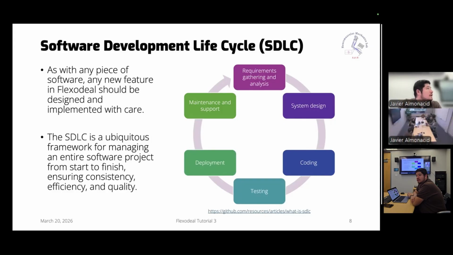And one way to do things in a structured way is to think about this new feature as part of a larger software, like a mini piece of software that you're developing. Well, when you develop a new piece of software, most people follow what's called the software development lifecycle, right? It begins here with requirements gathering and analysis.